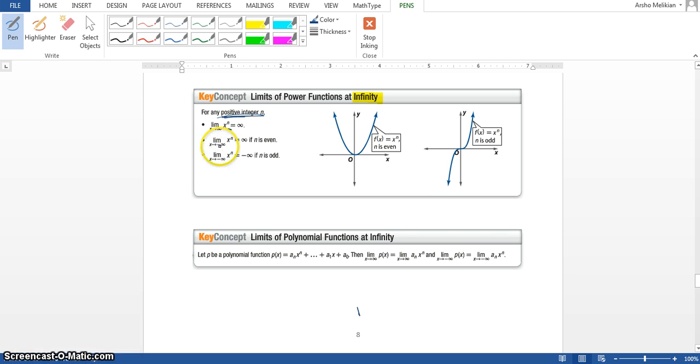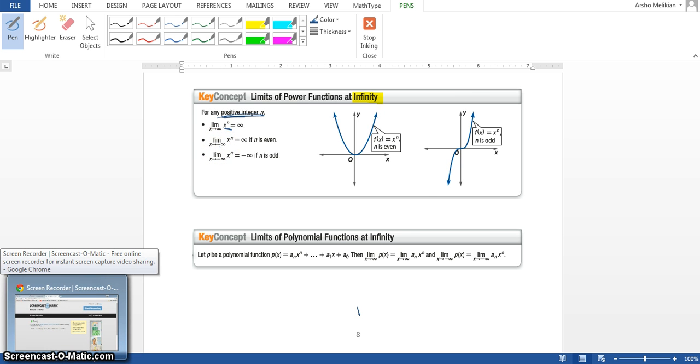Now, what if I'm approaching negative infinity? In the case that your numbers are now at negative infinity, so when you're talking about negative 1,000, negative 1,000,000, it makes a difference as to whether the exponent is even or odd.